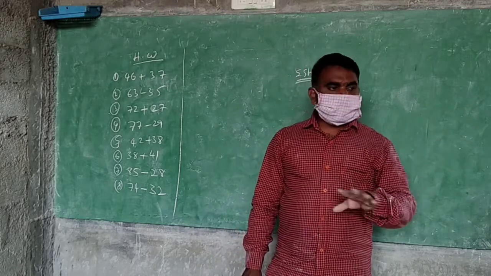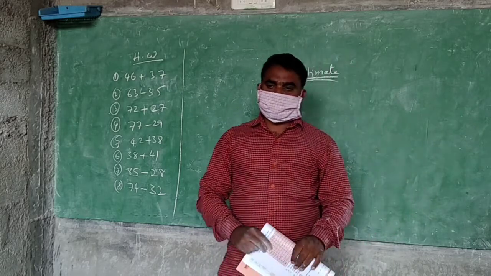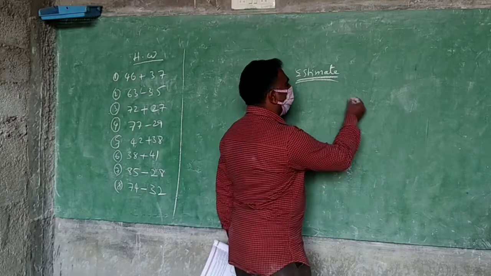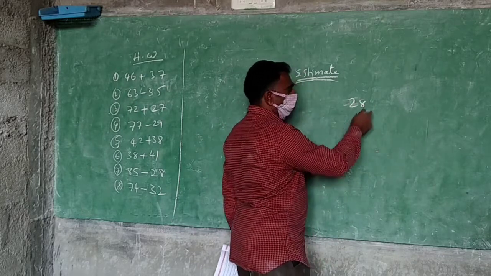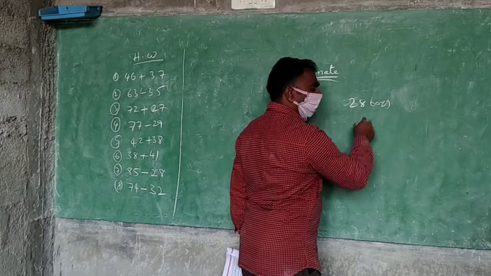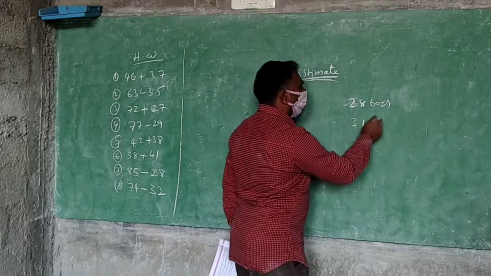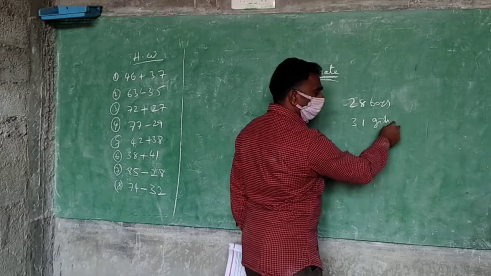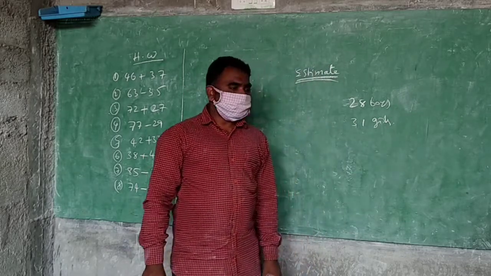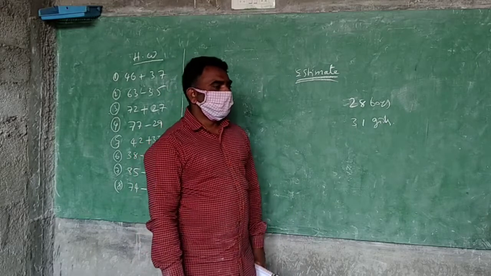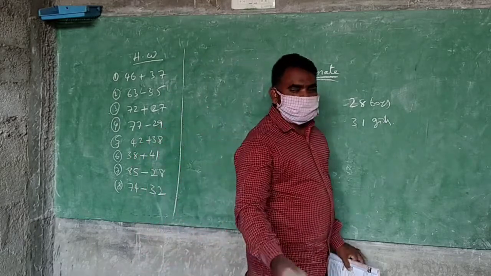Not like that. Suppose I am saying to you, in your class 28 boys and 31 girls are there. I ask you, totally how many are there? I don't want the exact number. Roughly you have to say.